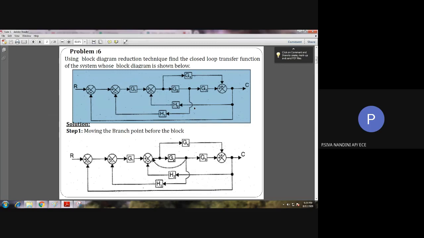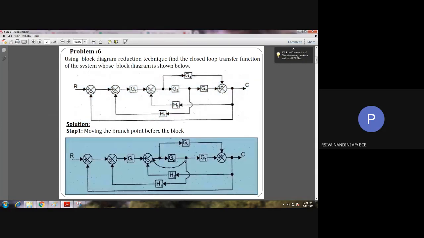Okay. So likewise, if you see here, if we move this branch point before the block G2, we may have two blocks G2 and G3 in series, and after that we can have a parallel block also. So first we need to move this branch point before the block G2.